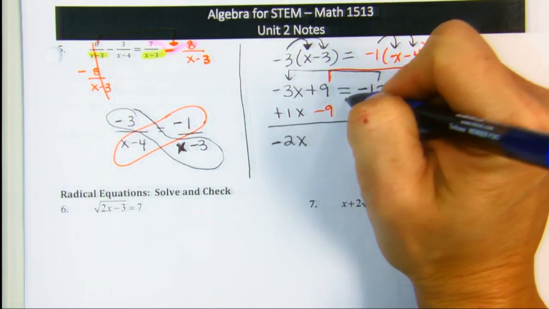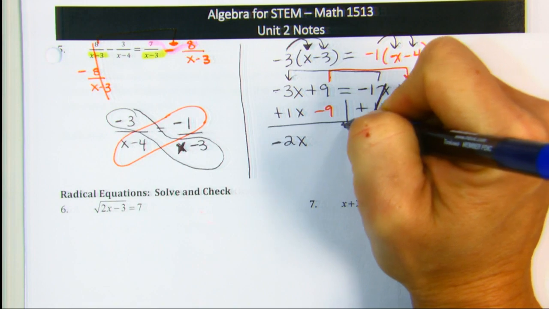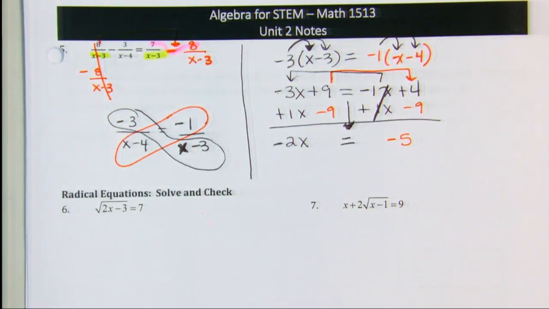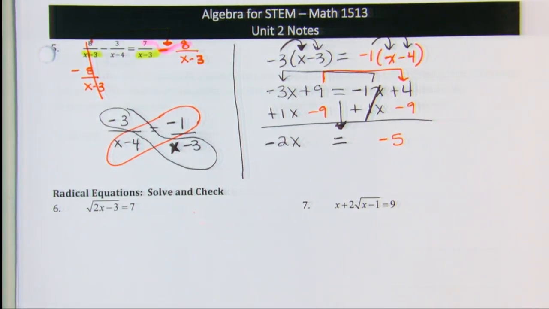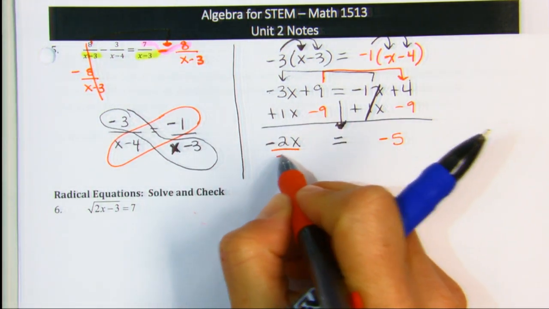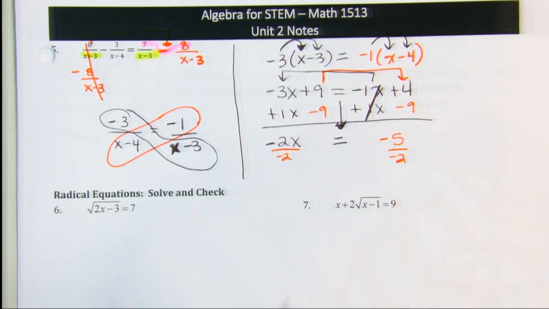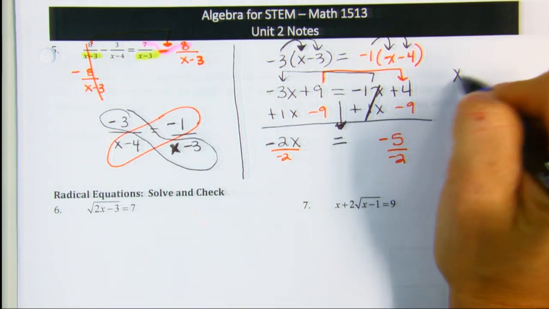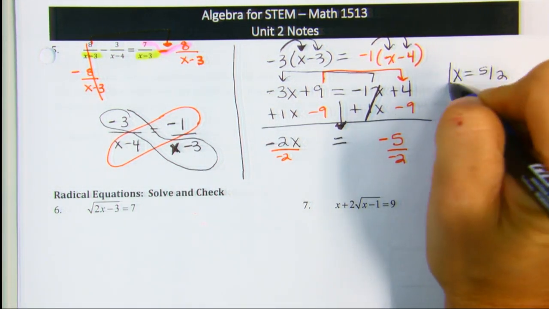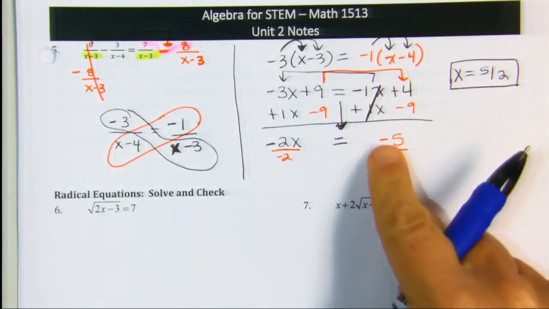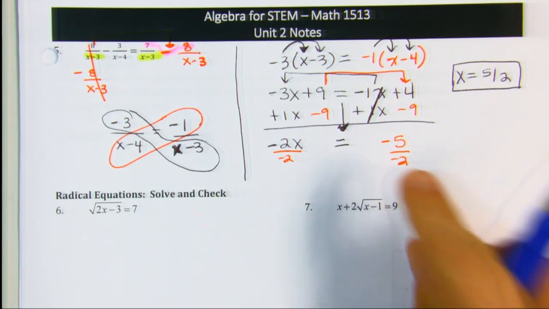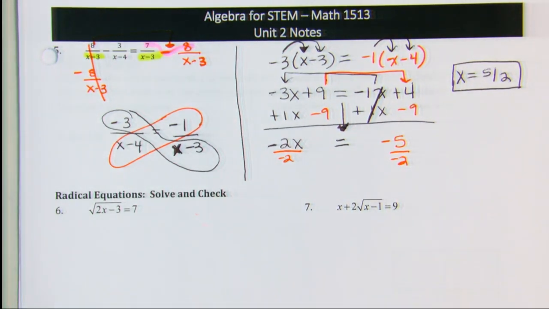What do I have to bring down? Equal sign. Yeah, just don't forget to bring down your equal sign if you do it like that and you don't rewrite it for the next step. And then we finish solving by dividing by negative 2. So x equals a positive 5 over 2. Because remember, those have negative signs, so it means it's really a positive fraction.